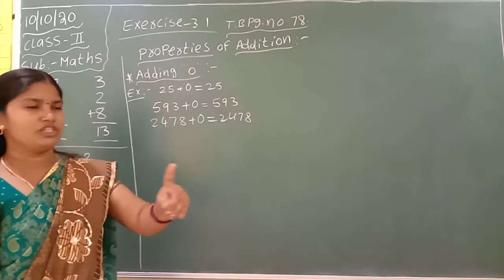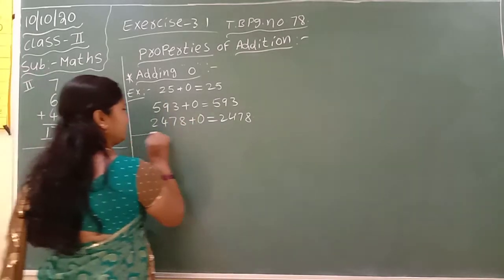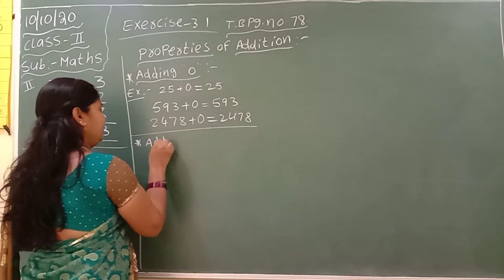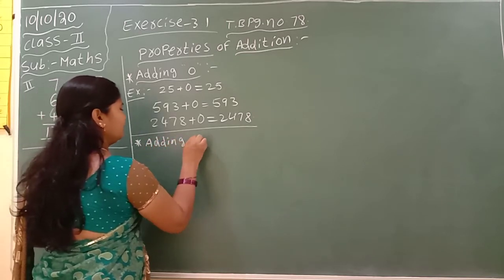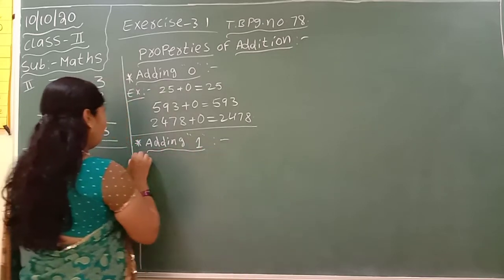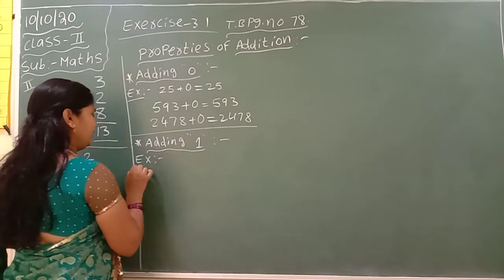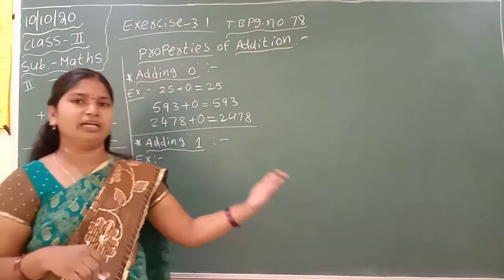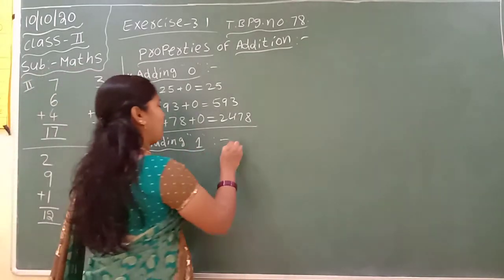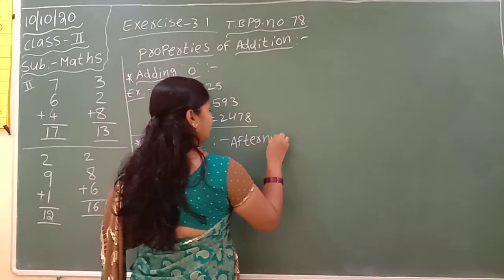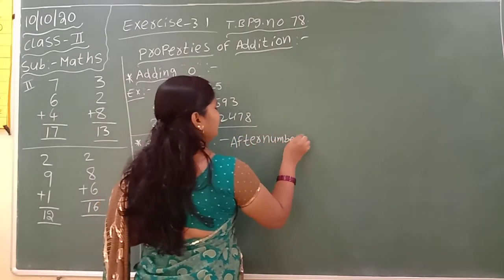It is the first property. The second property is adding 1. Adding 1 to the given number, what we will get is the successor of the given number. Successor is nothing but the after number.